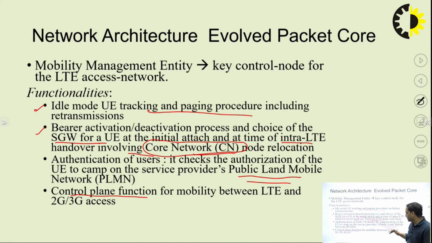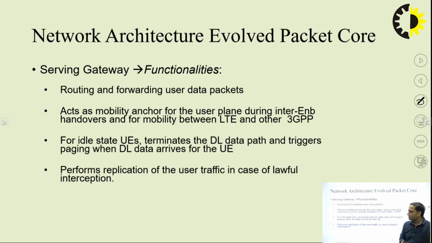This functionality is taken care of by the control plane functions in the LTE system. The serving gateway's functionality is first the routing and forwarding of user data packets. Second, it acts as the mobility anchor for the user plane during inter-eNodeB handover. These are the functionalities we have to take care of.